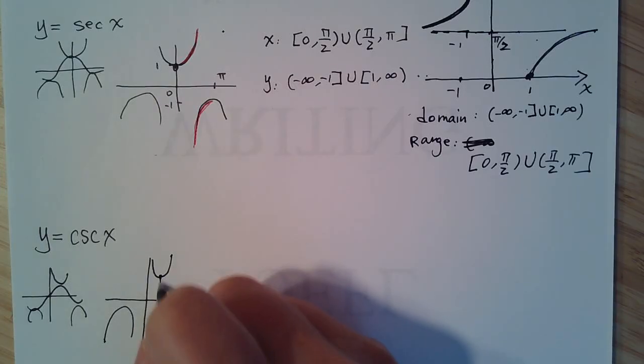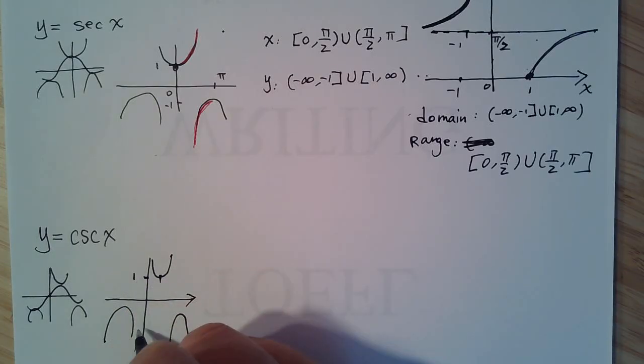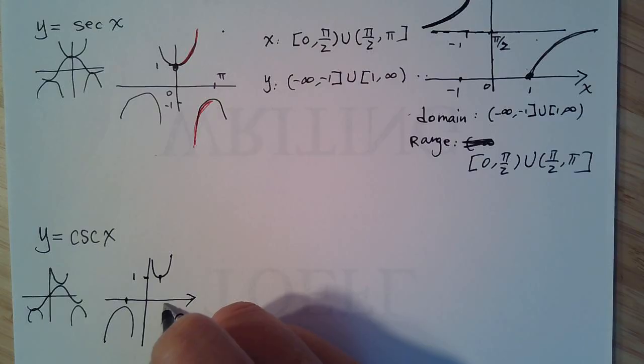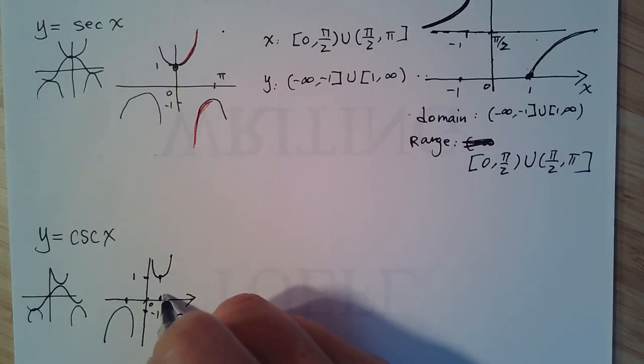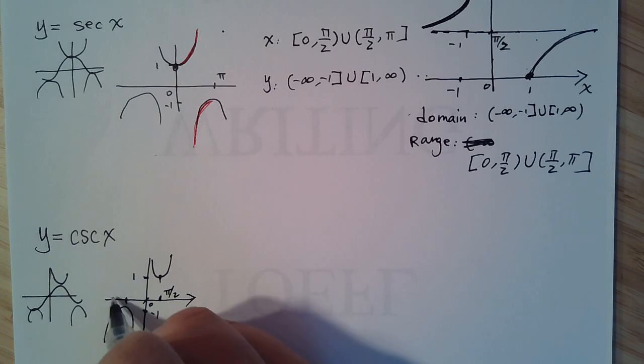So here is 1, and here is negative. My graph is terrible. It should be -1 here. I'm so sorry. Here's a 0, and then this point is pi over 2, and this point is negative pi over 2.